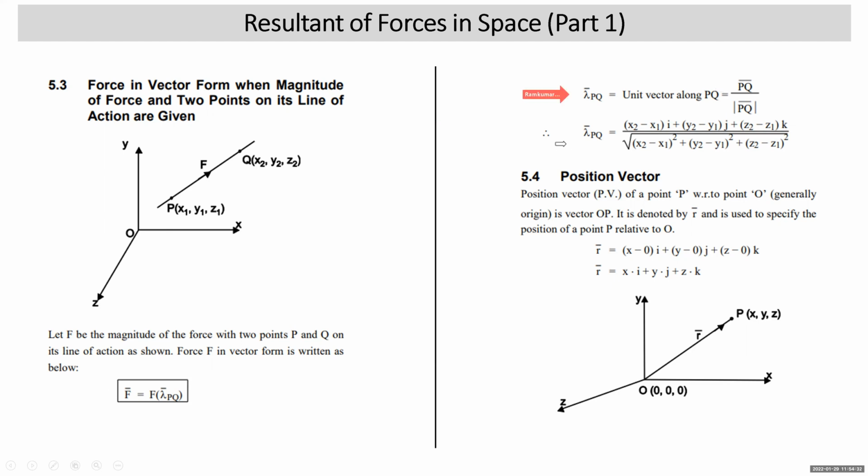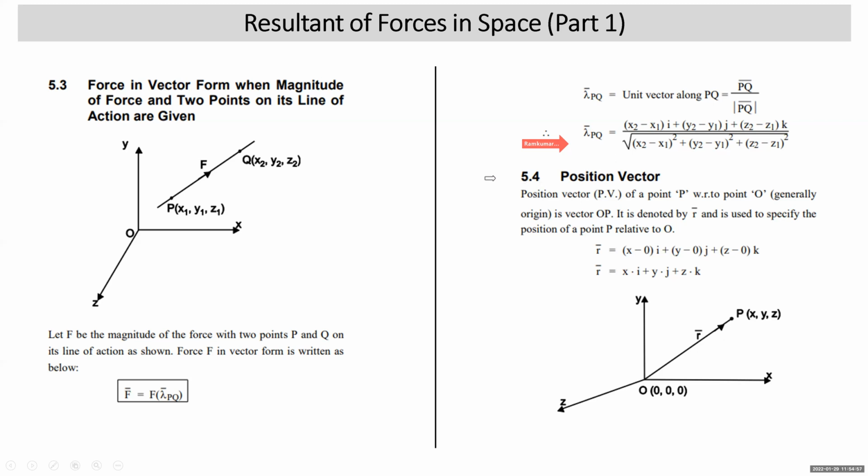So unit vector along PQ will be, first, in the numerator vector PQ. PQ means what? Q minus P. So that is (x2 minus x1)i plus (y2 minus y1)j plus (z2 minus z1)k. That is the vector PQ. Divide by mod of PQ. Mod of PQ means what? Square root of (x2 minus x1) square plus (y2 minus y1) square plus (z2 minus z1) square. So that becomes the unit vector along PQ.